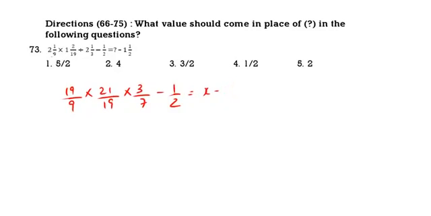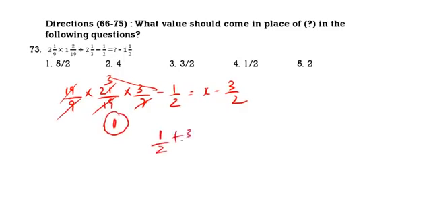Now 19 19 cancel. Then 7 1s, 7 3s, 9 9 cancel. This is 1. 1 minus 1 by 2 is 1 by 2. 1 by 2 plus 3 by 2, 4 by 2, that is nothing but 2. 2 is the correct answer. Option 5. Then see the next question.